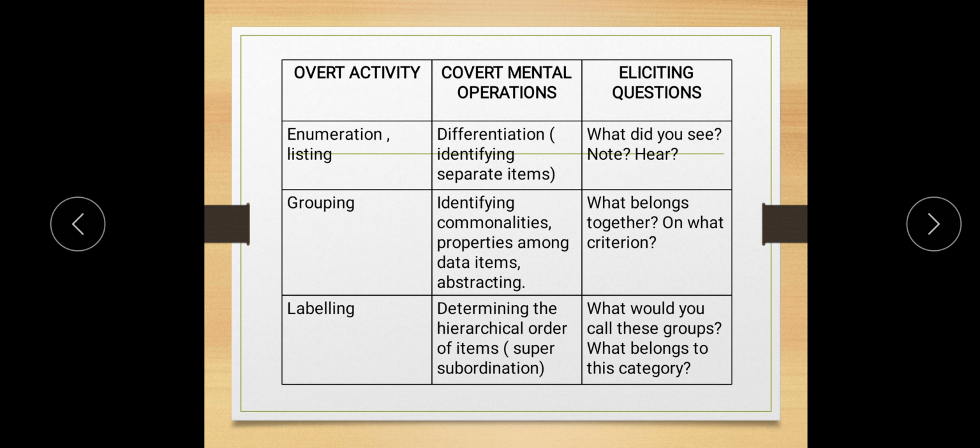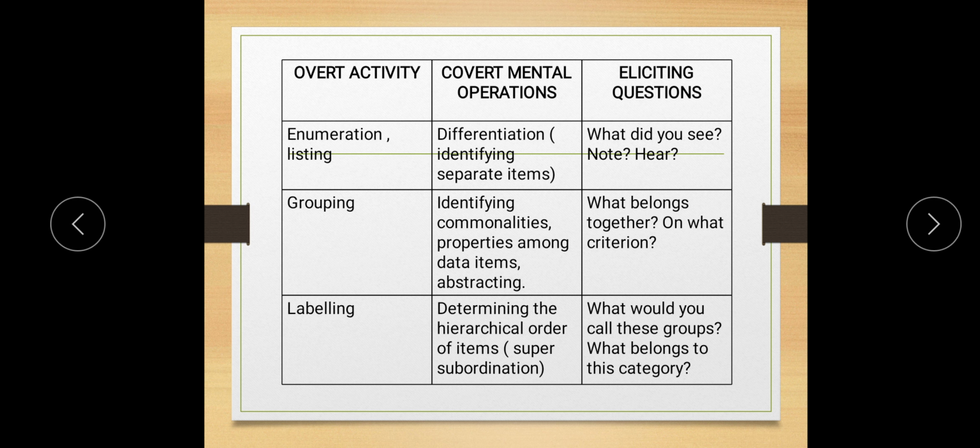I will not disclose what kind of animals or what classification I am talking about. So pictures of different animals are given to the students or presented to the class. Now in such a situation, what is the first stage, or what will happen in phase 1, that is the concept formation phase, to the students in an overt manner and a covert manner is what we will see now.